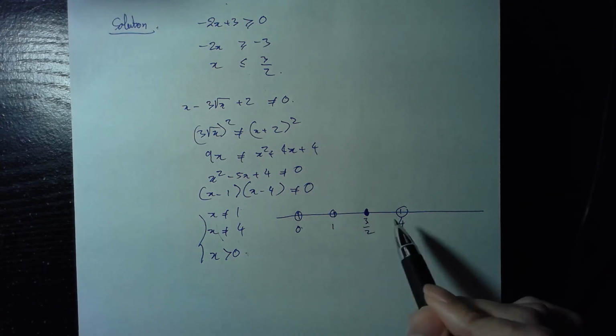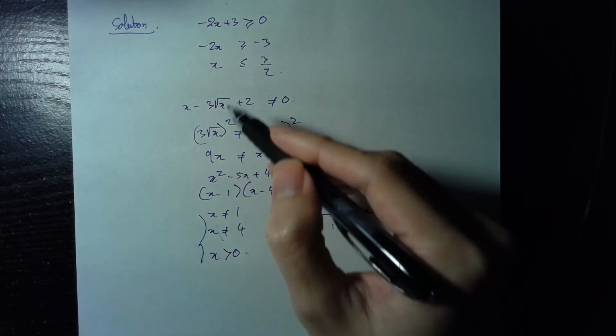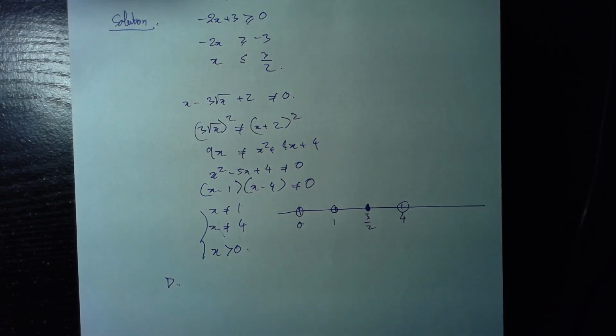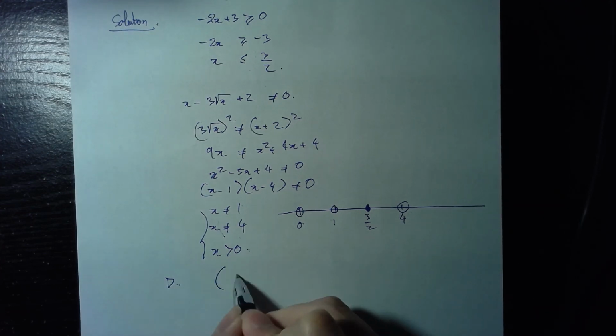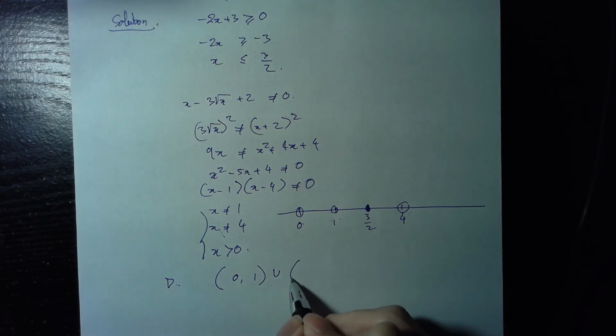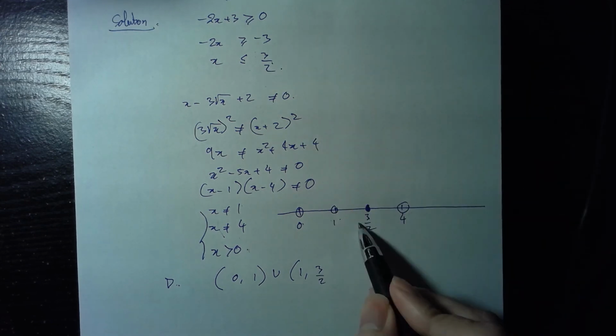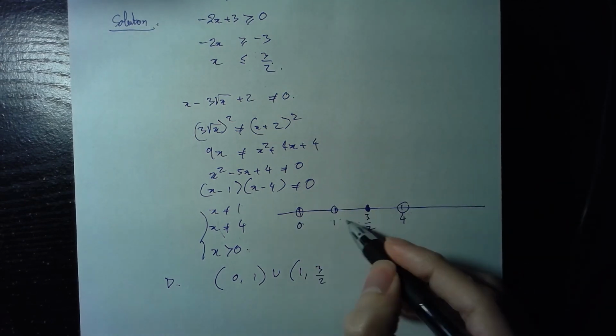So we have to combine all these 3 conditions together. So my domain will be what? Greater than 0, but not included, so from 0 to 1 with parentheses, then 1 to 3 over 2. We want to include 3 over 2, but greater than 0.